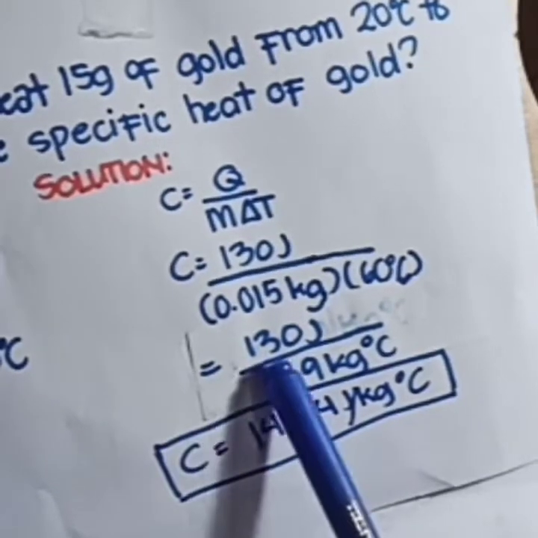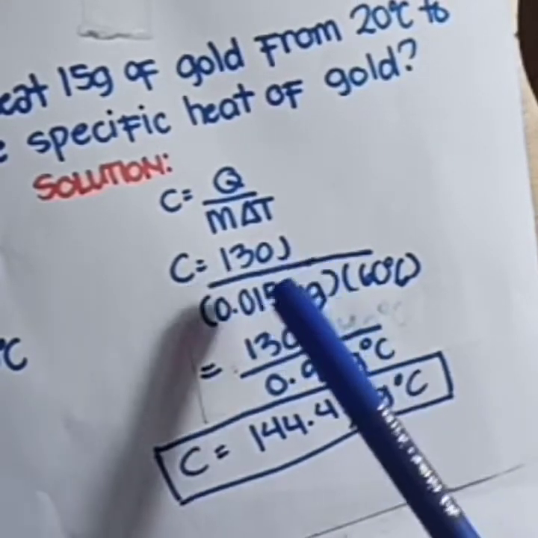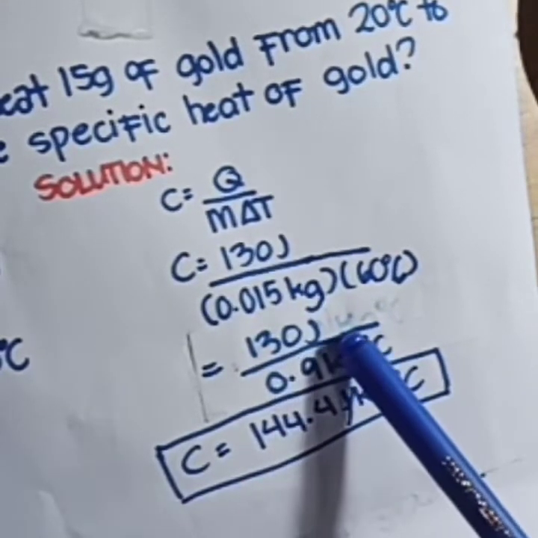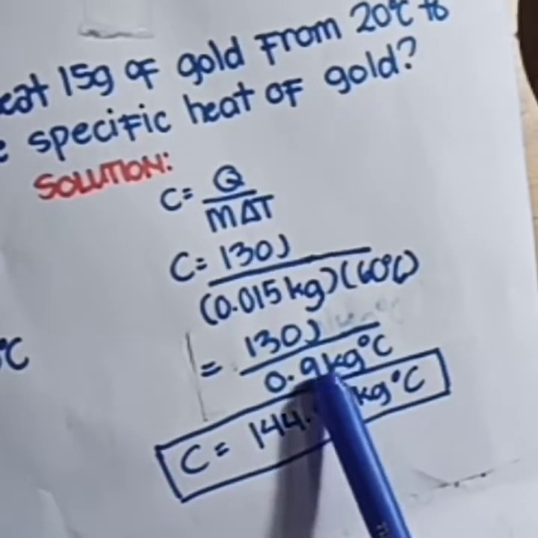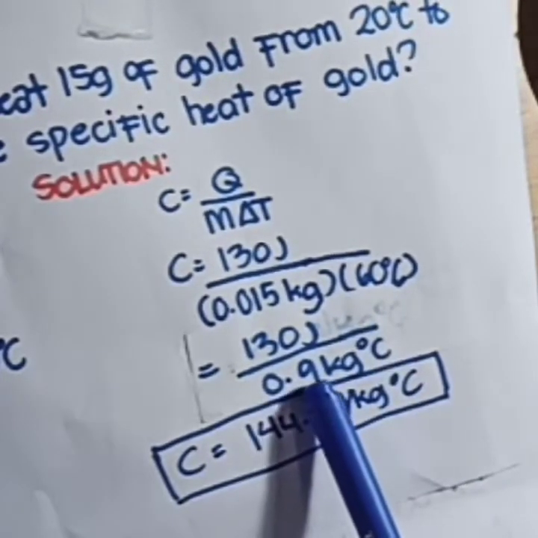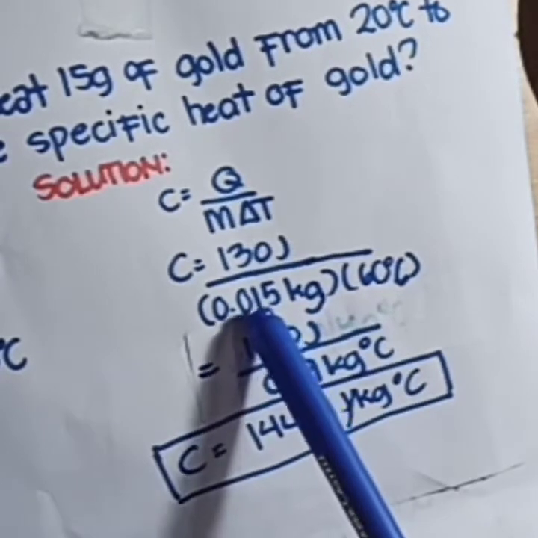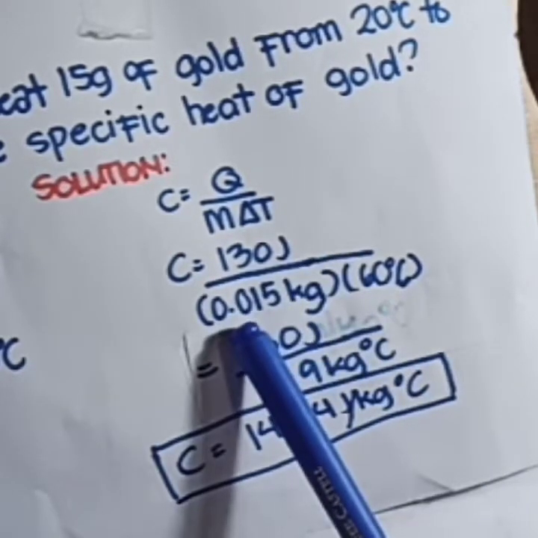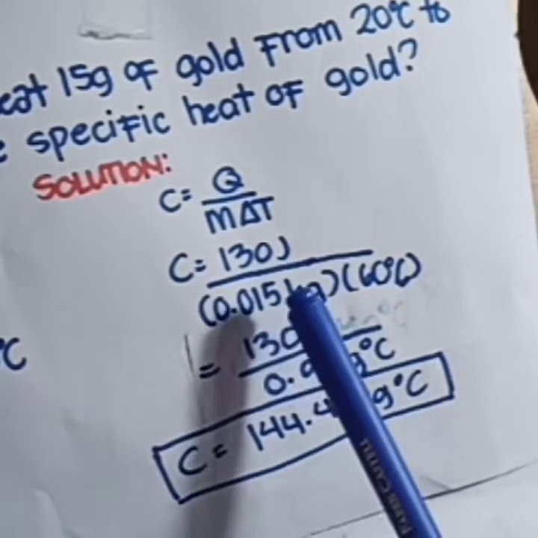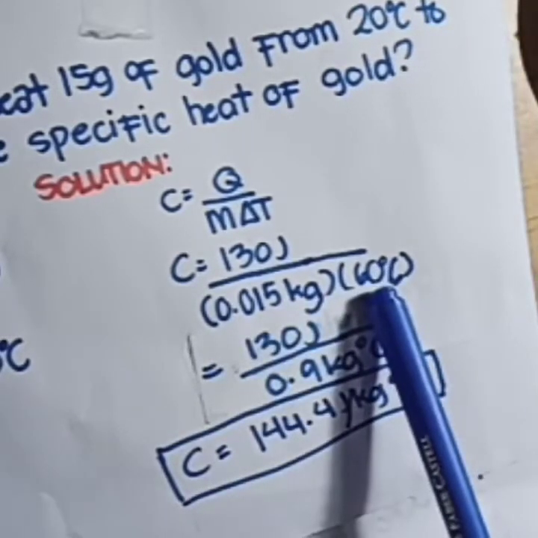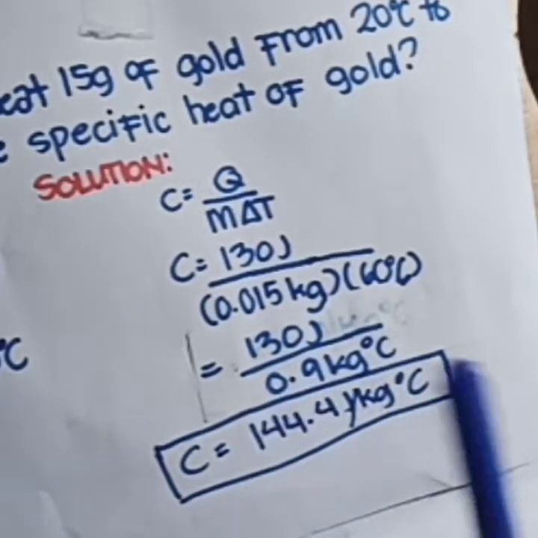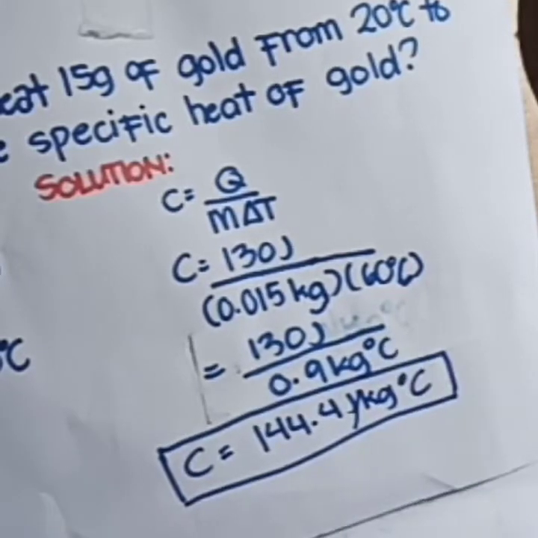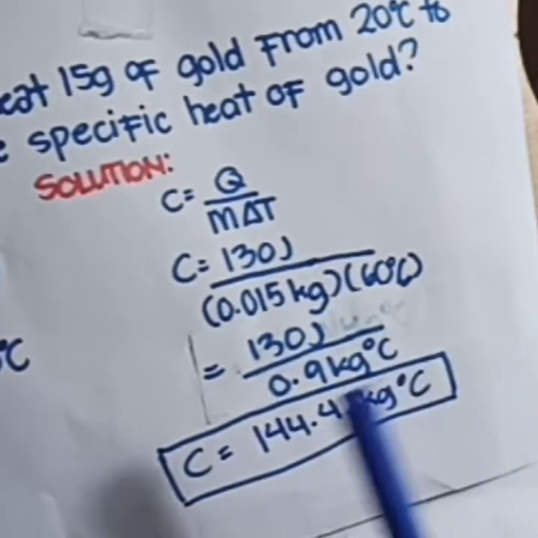And step 3, we're going to copy the 130 joules over the 0.09 kilograms, which we have multiplied here, 0.015 kilograms times 60 degrees Celsius, is equal to 0.9 kilogram degrees Celsius.